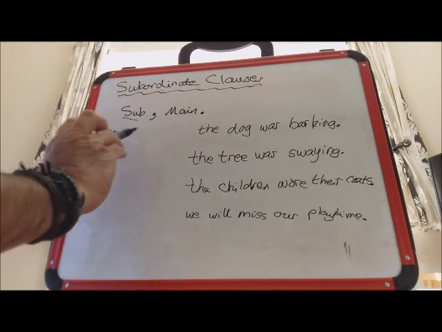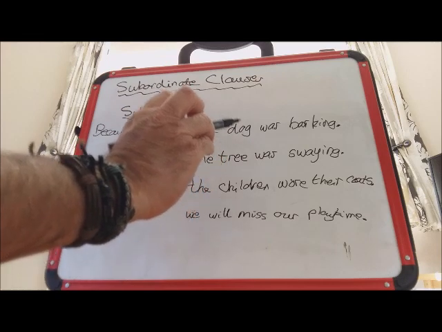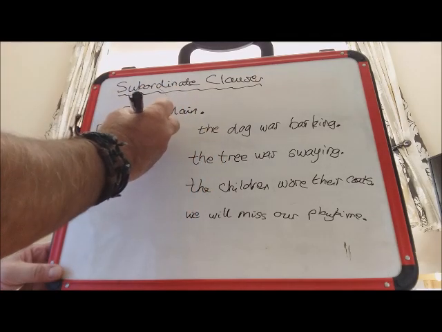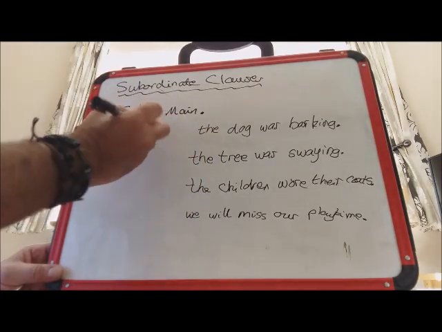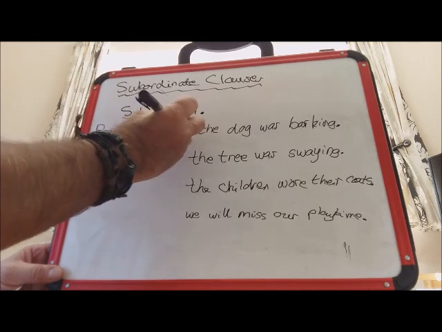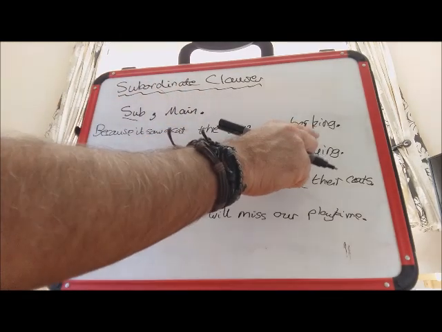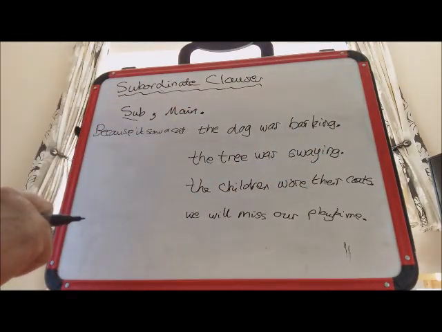But if we say that because the dog saw the cat, the dog was barking, that's a little bit clumsy. Let's say because it saw a cat, the dog was barking. That's a very good reason why the dog would be barking.